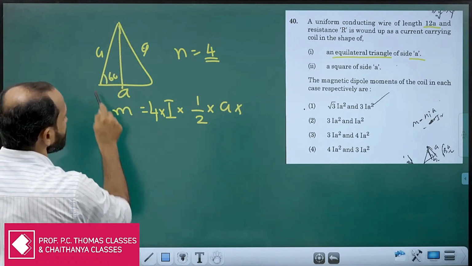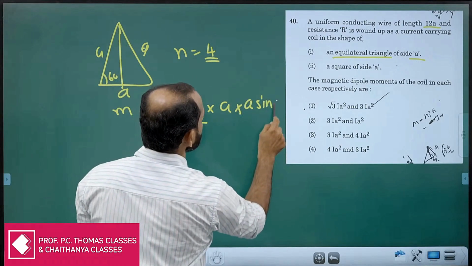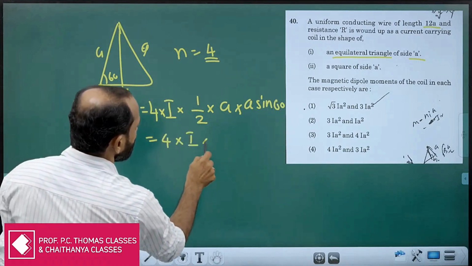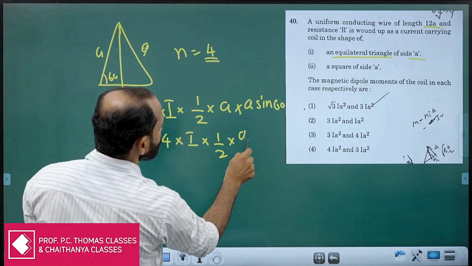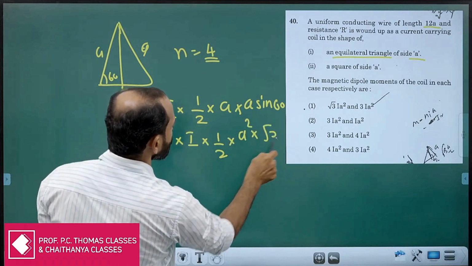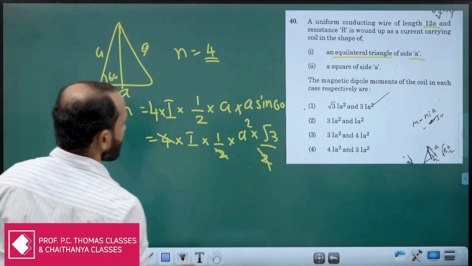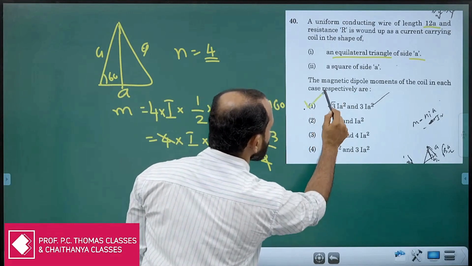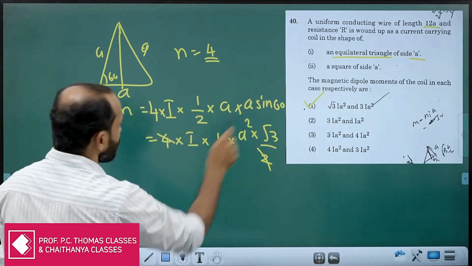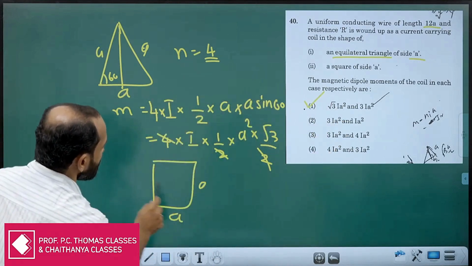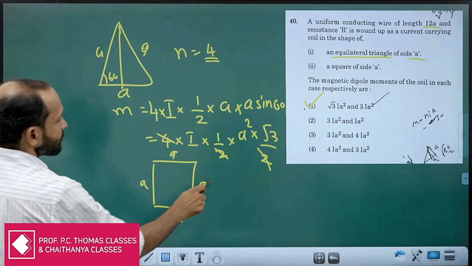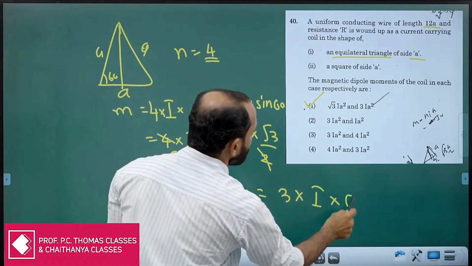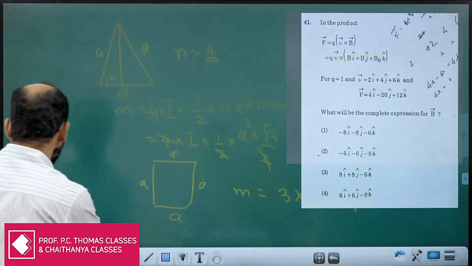This angle is 60 degree, so altitude is A sine 60. That is 4 into I into 1 by 2 into A square into root 3 by 2. 2 and 4 cancel. Root 3 A square I. Only one option is possible. Like that you check for the square also. Square also, each side is A, 4A, so 3 turns are needed. 3 into current into area A square. Then the answer is justified.